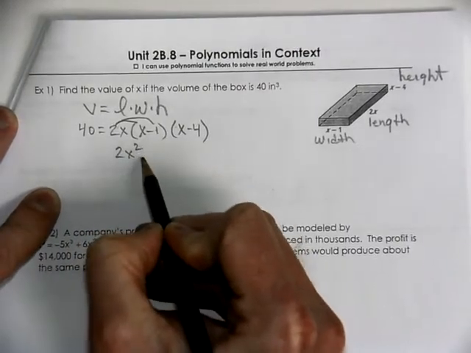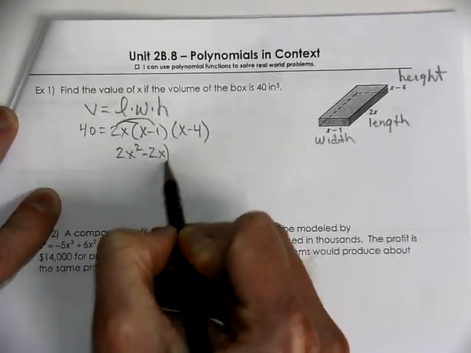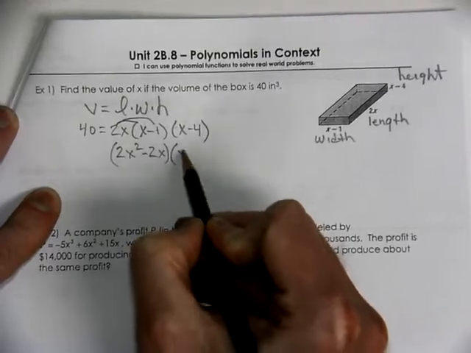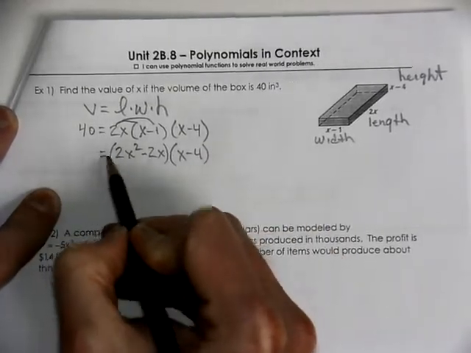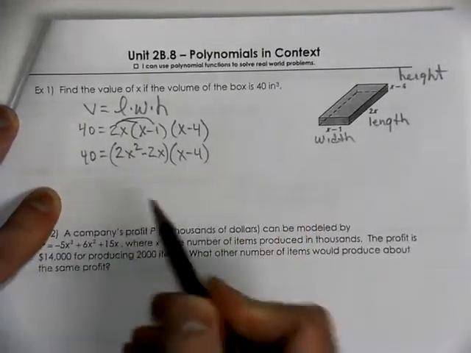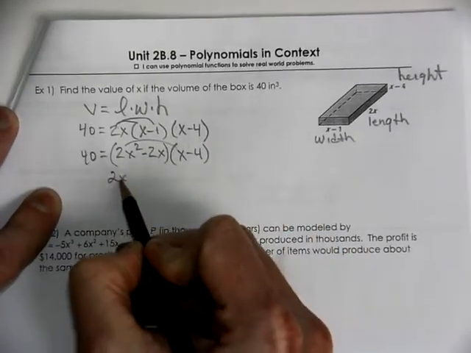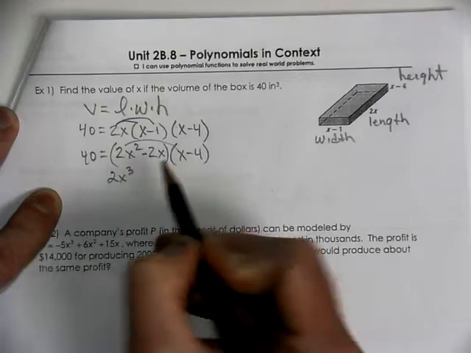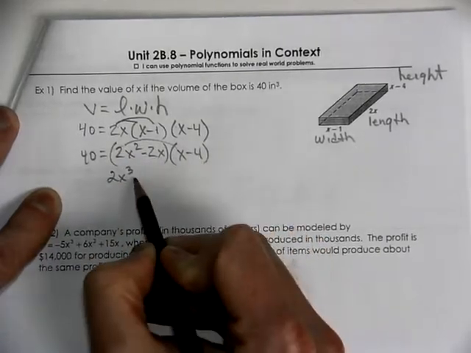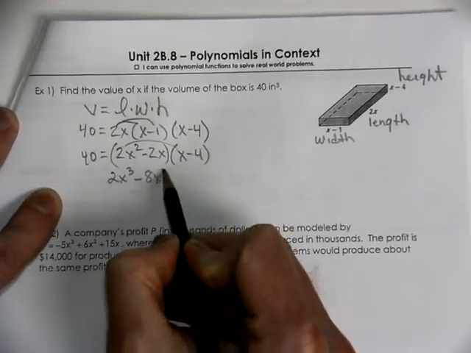2x squared minus 2x, and now we have two binomials, so we need to FOIL. So we get 2x cubed. We get negative 8x squared.